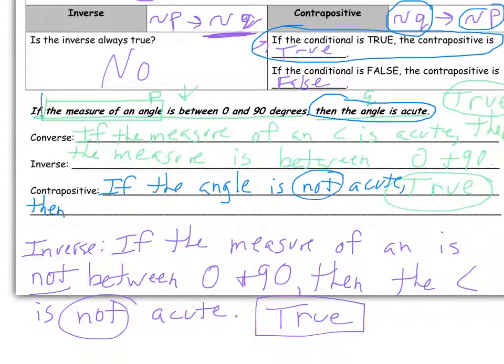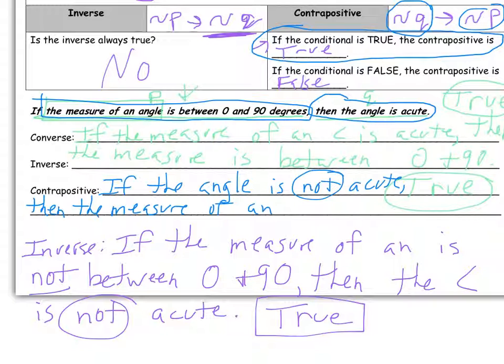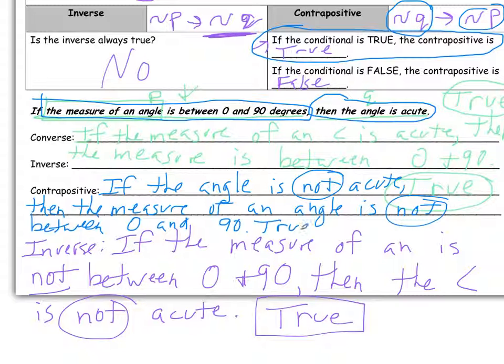Then the measure of an angle is not between 0 and 90 degrees. Okay? If the angle is not acute, then the measure of an angle is not between 0 and 90. That is a true statement.